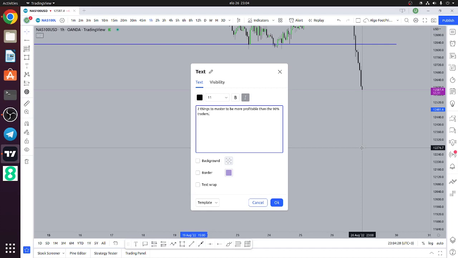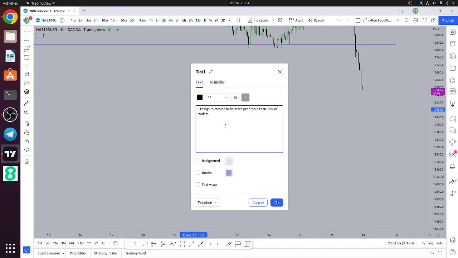English is not my language. Okay, two things to master to be more profitable than, oh my god, my vocabulary is really horrible. More profitable than 90%. I need to go back to primary school. Two things to master to be more profitable than 90% of traders.